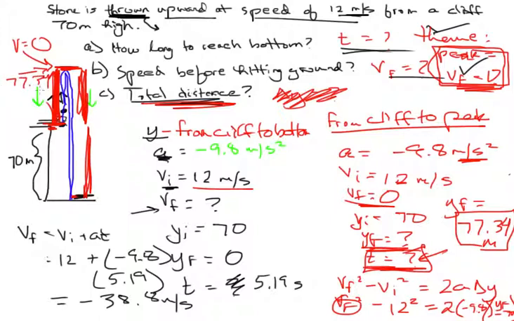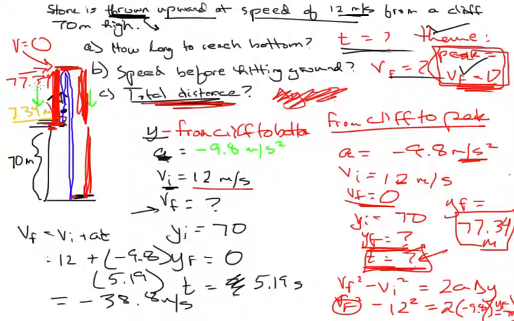So what's my total distance? Well, I went from 70 to 77.34, so you went up 7.34.